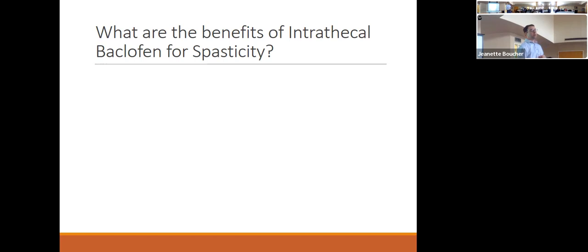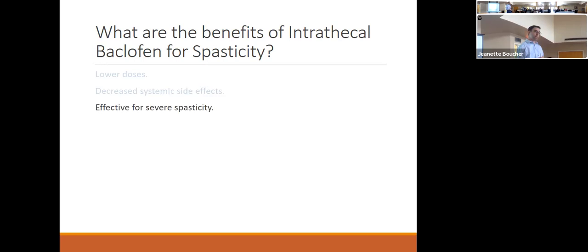And this is an intrathecal Baclofen pump. So we talked about that Baclofen having to get through our system, penetrate the brain-blood barrier, and by the time all is said and done, only a very small portion of that drug that we're taking is actually taking effect where we want it to take effect.